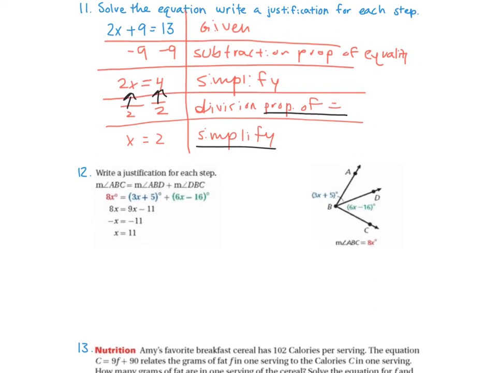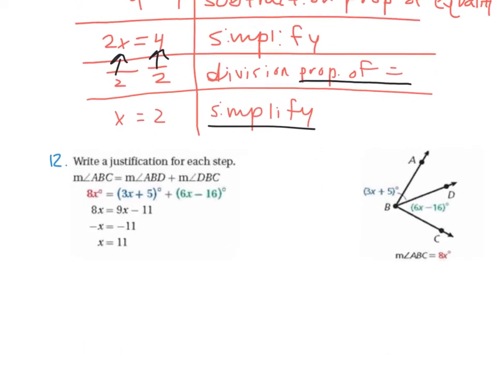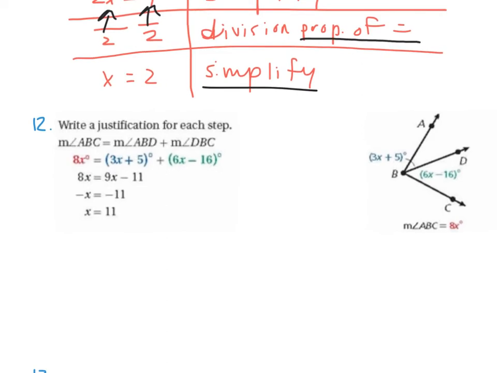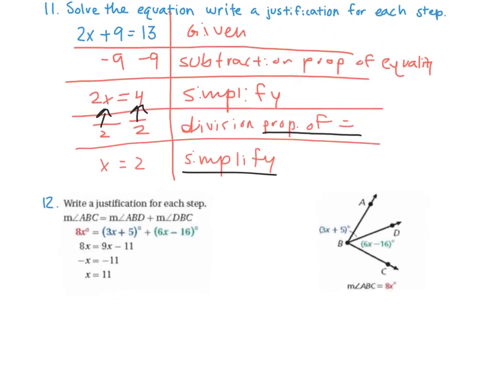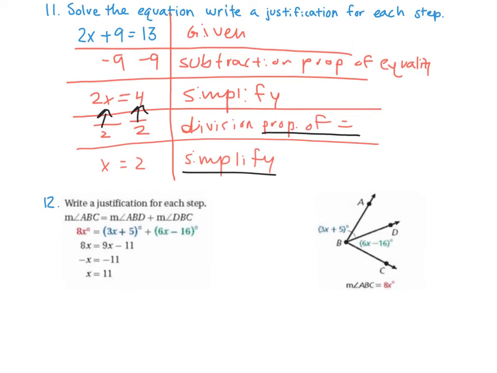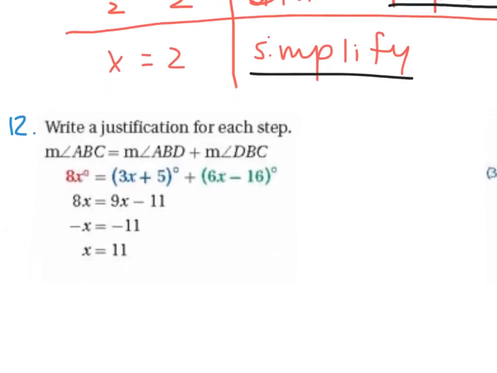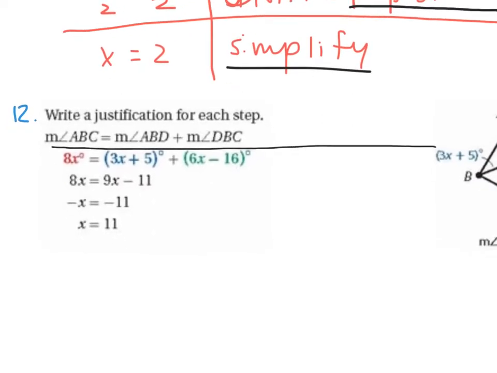So now let's look at 12. Write a justification for each step. This is the only case where you don't start with given. You start with given when the equation itself is given, but in this case, we had to use one of our postulates to come up with this equation.